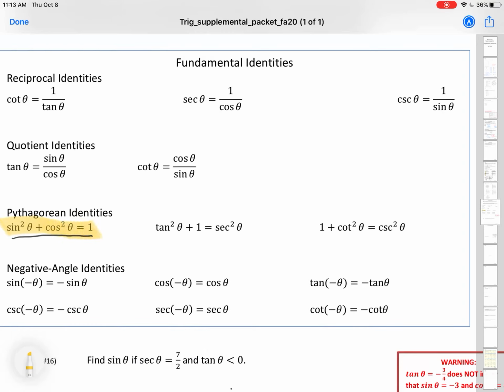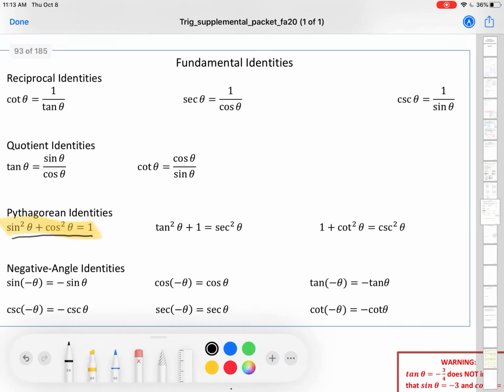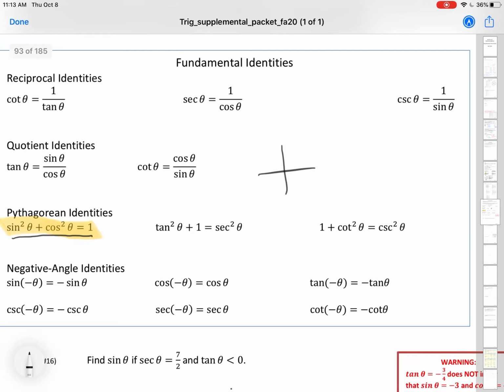That fundamental identity really comes from the fact that you know what an angle looks like. If we had an angle theta here, its sine would correspond, especially if it's on the unit circle, a circle of radius 1, then you know that this is x and y, if those are the points. Well, you know then that x squared plus y squared equals 1 because you have a right triangle. That's where that one's coming from. The other ones are natural consequences of that.